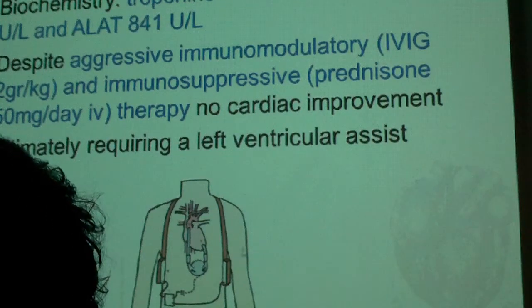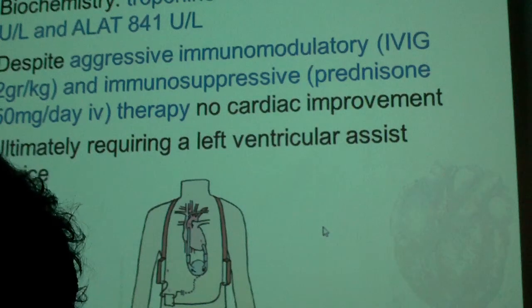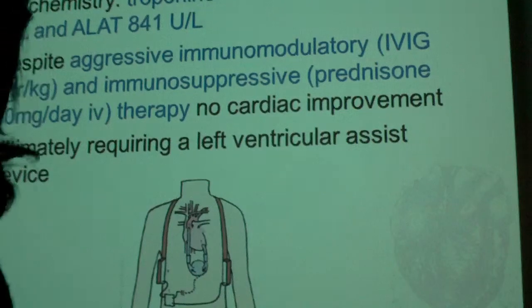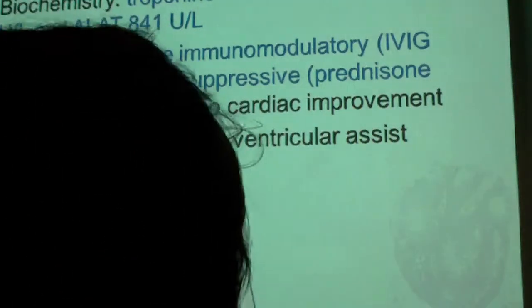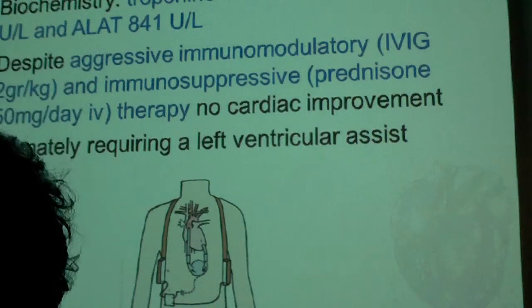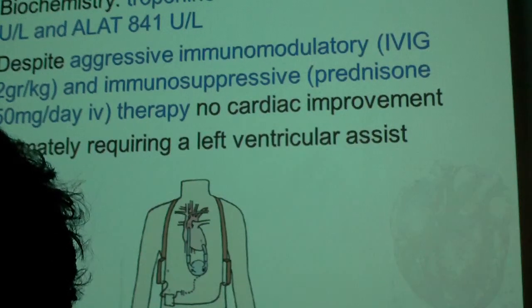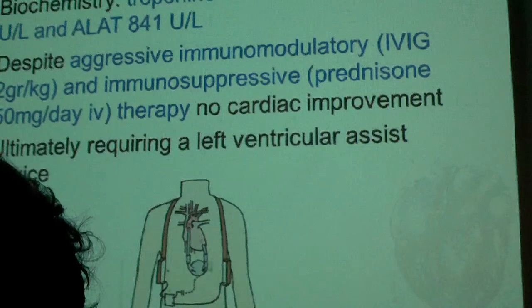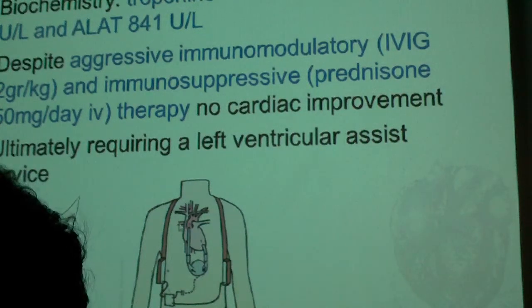If you've seen this before, this is a pump which we put in the apex and goes to the aorta. And your left ventricle usually does that. Blood comes into your left ventricle and pumps it to the aorta. And if you have a heart that doesn't pump anymore, we apply this pump where the blood can come to the pump, and the pump pumps it to the aorta.